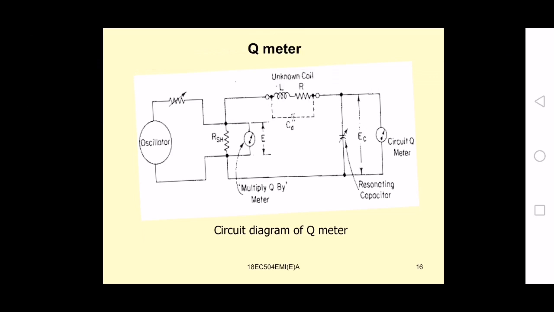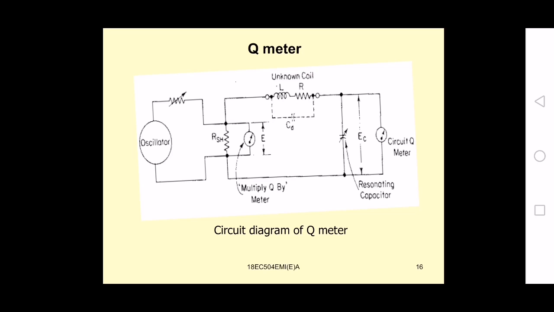As we have already discussed, the Q meter works on the principle of the series resonance circuit. In a series resonance circuit, the total impedance will be equal to the resistance, and the capacitive reactance will be equal to the inductive reactance. Both will be cancelled out.